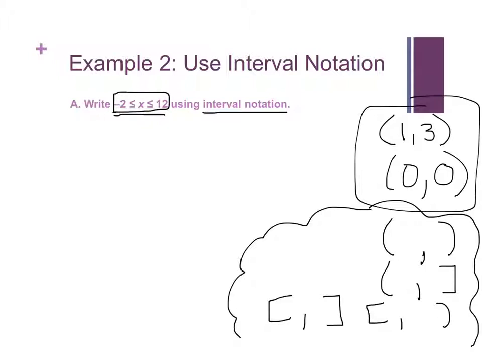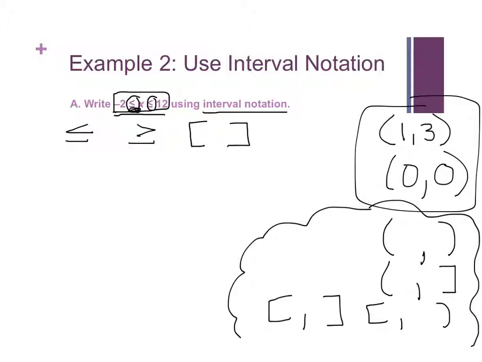So here's the deal. We are going to write this in interval notation. If the inequality sign is less than or equal to or greater than or equal to, you are going to use brackets because that means the value is included in your inequality. So for here, we're going to use a double bracket because we have less than or equal to and greater than or equal to.